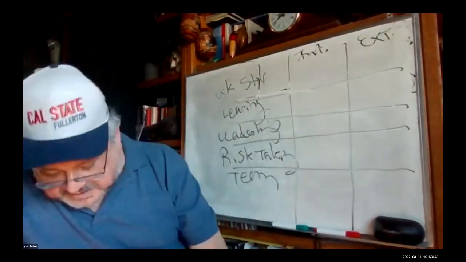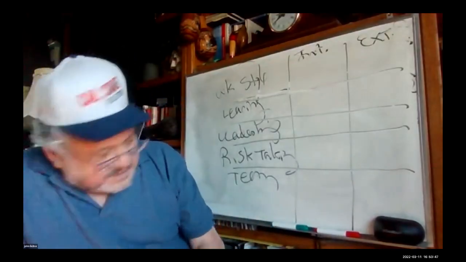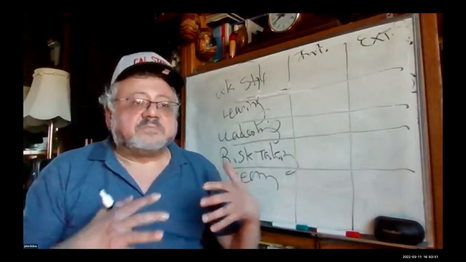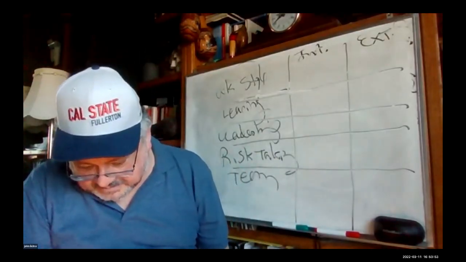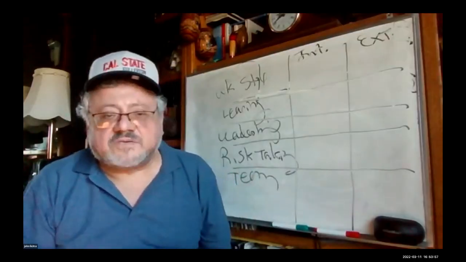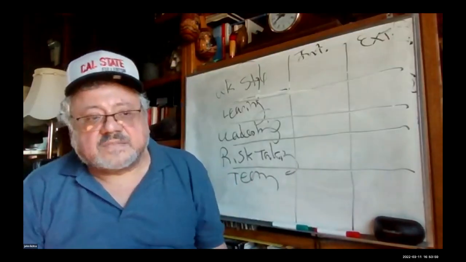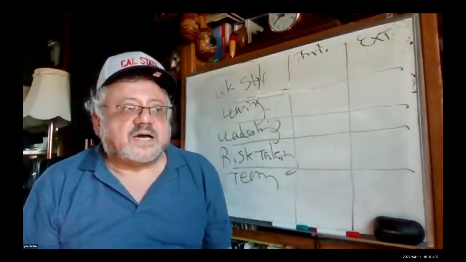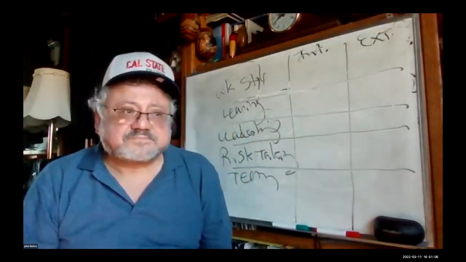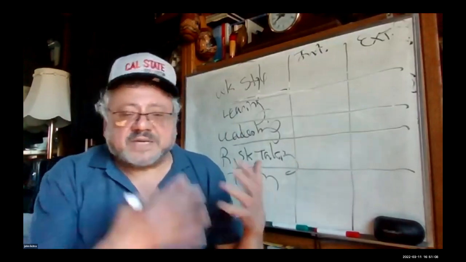Left-hand side on team orientation. People on this side prefer to work alone. They're not comfortable being part of a group. Okay. They like to be an independent contributor, more of a problem solver. On this side, they love being part of a group, helping the group solve the problem together, and not so much being on their own.